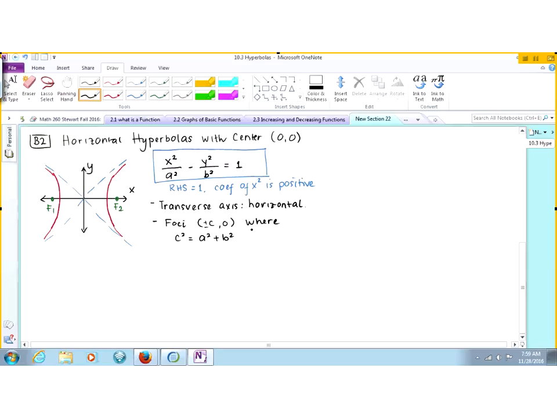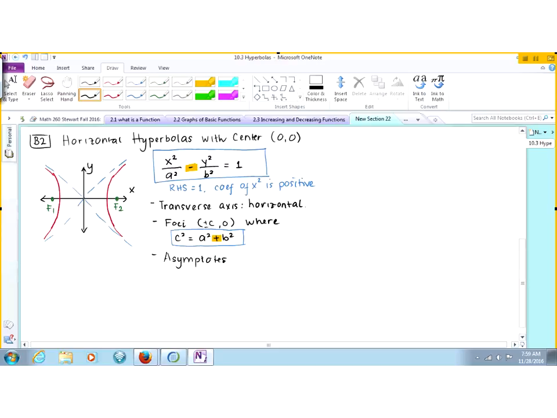What was the formula for c squared for the ellipse? It's a squared minus b squared or b squared minus a squared, so you choose one for the ellipse. But for the hyperbola, c squared is equal to a squared plus b squared.